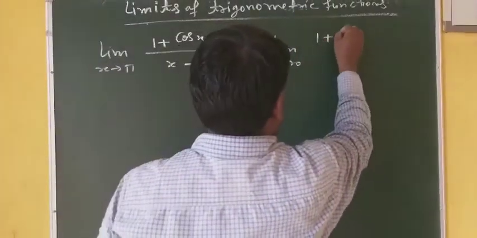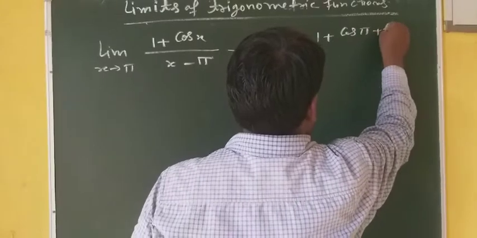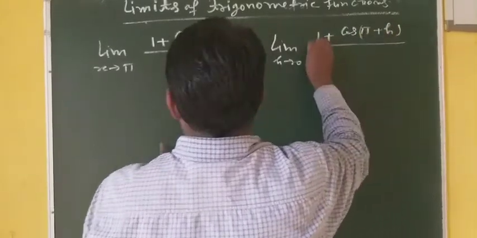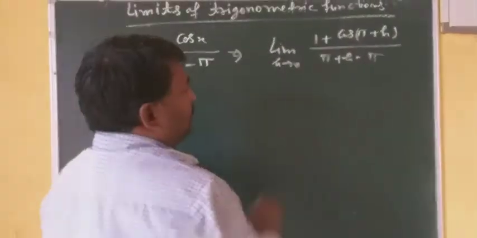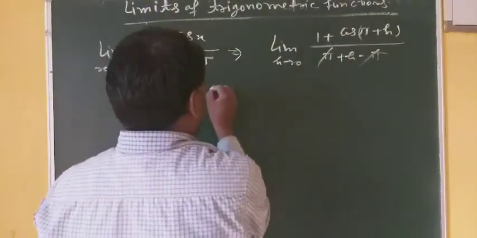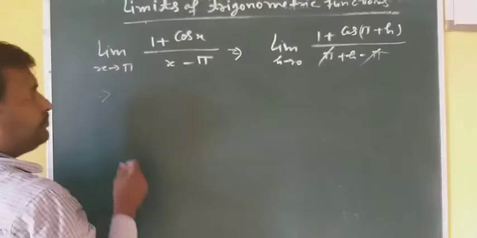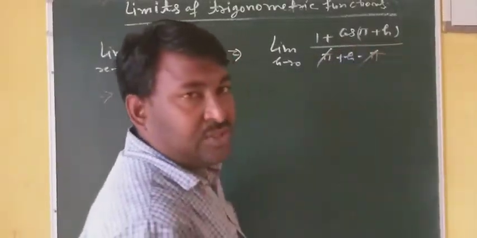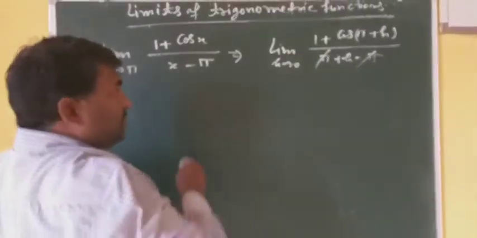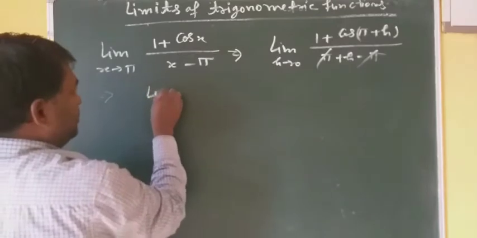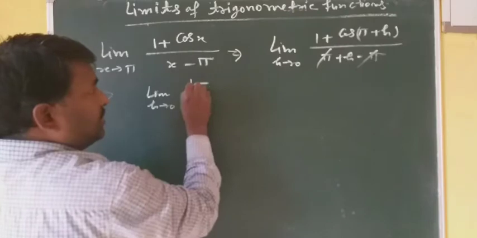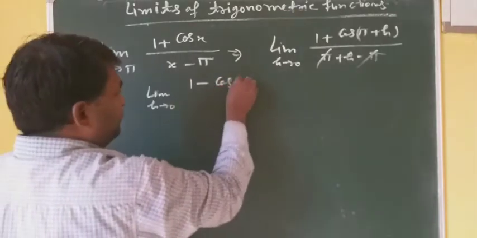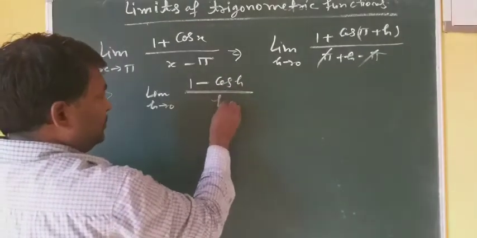So 1 plus cos of pi plus h divided by pi plus h minus pi. This pi cancels out, and cos of pi plus h is in the third quadrant, so limit h tends to 0, 1 minus cos h upon h.